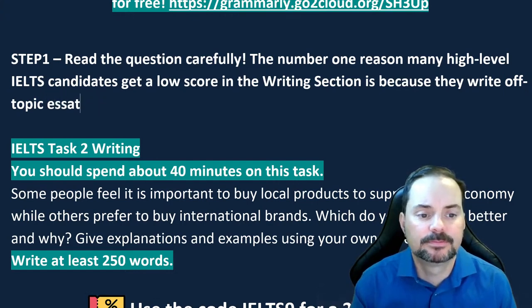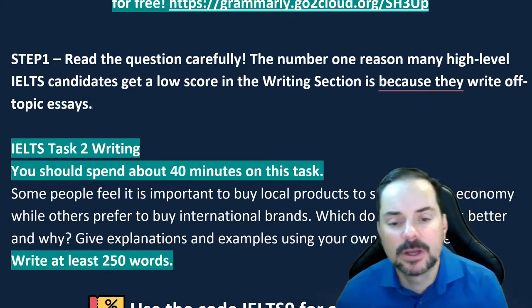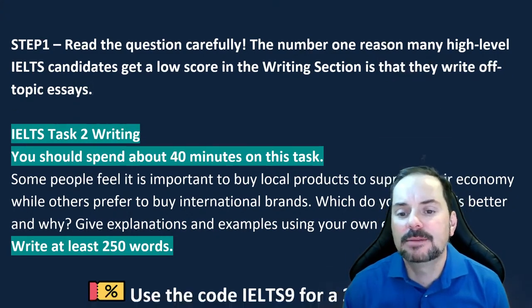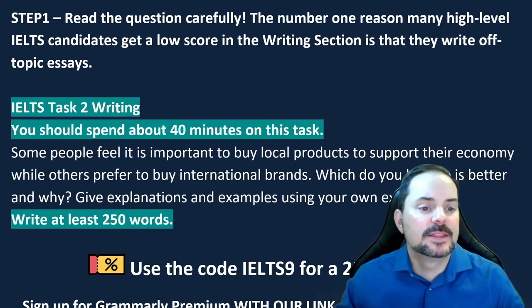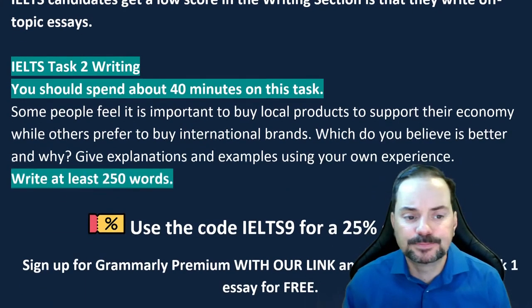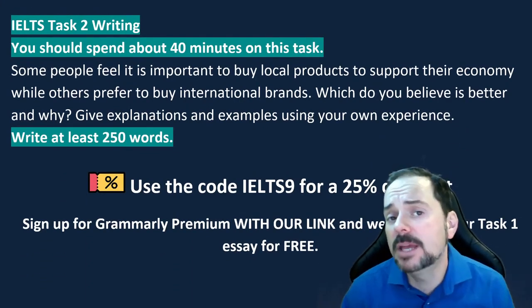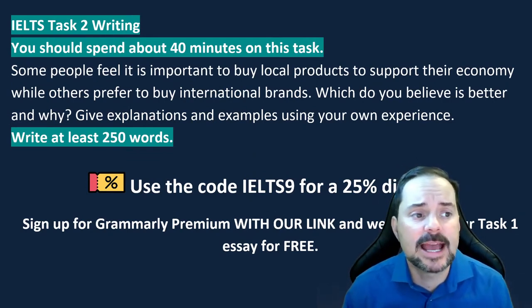Essays. Okay, so the first step to avoiding that mistake is, there we go, Grammarly making that correction, that they write off-topic essays. So the first step to writing correct essays is make sure to read the question carefully. Let's do that now.